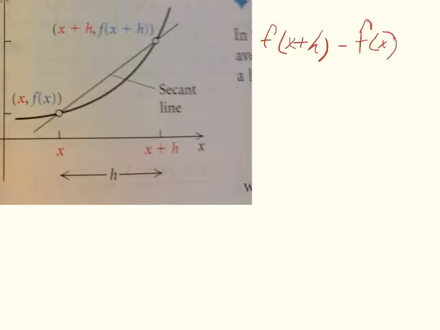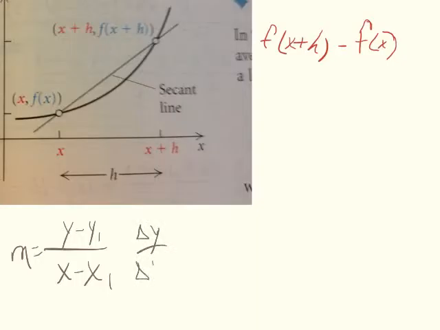Now notice, when I look back over here, I've got this y value minus this y value. If you remember the equation we had a while ago, I'll put it down here on the bottom left, y minus y1 over x minus x1, and that was the slope. I also called it the change in y over the change in x.